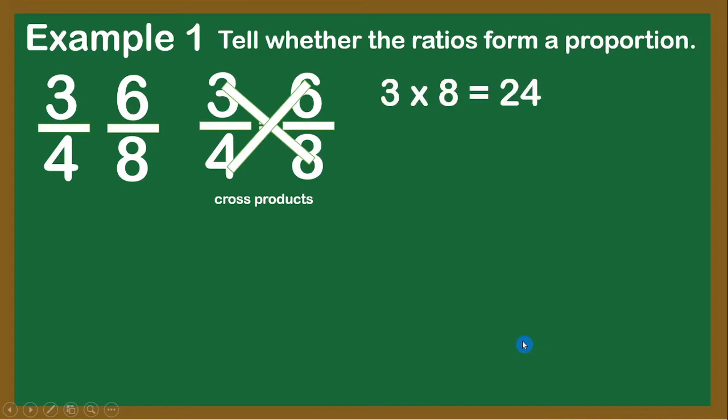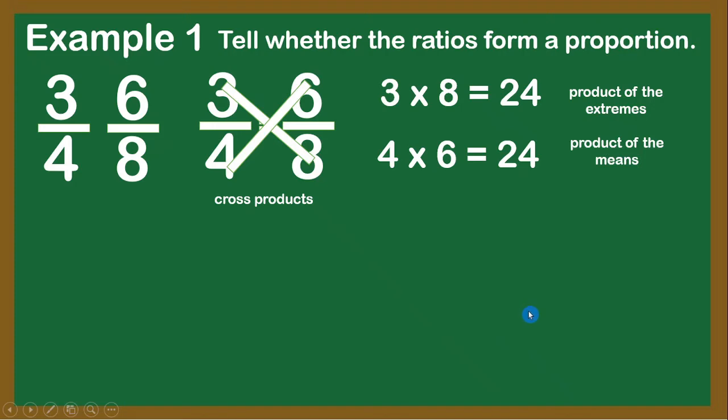Then we have 3 times 8 equals 24, the product of the extremes. 4 times 6 also equals 24, and that is the product of the means. Since the product of the extremes equals the product of the means, then we have 3:4 and 6:8, a proportion.